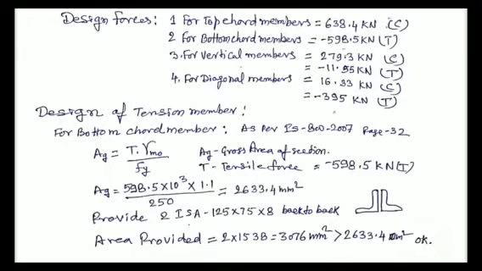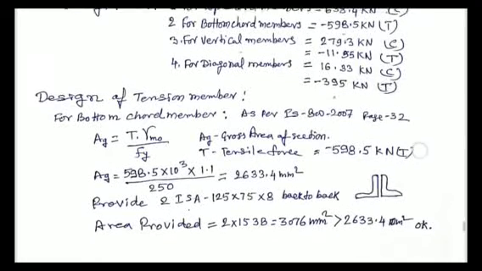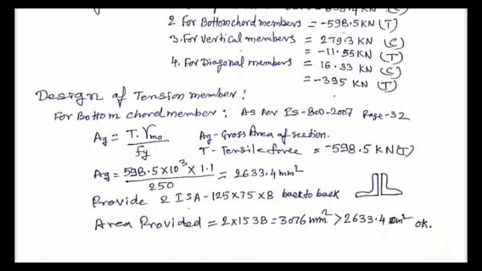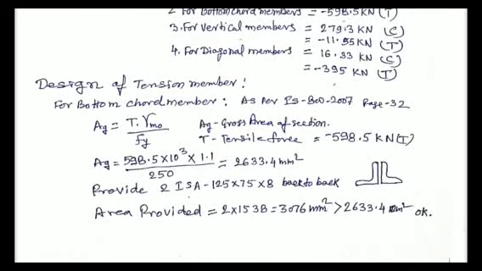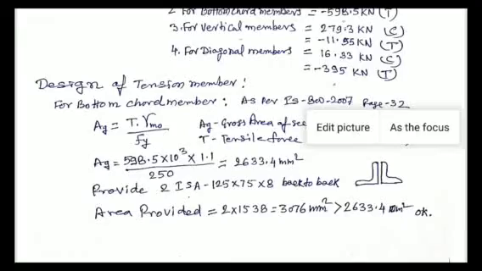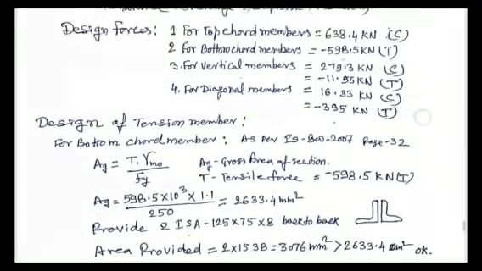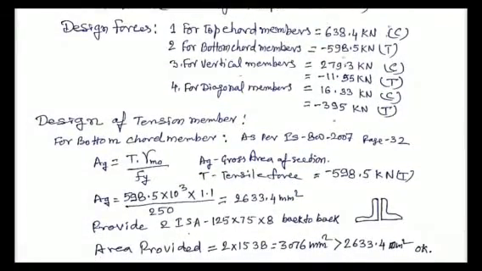And for vertical members, both types of stresses are there. So 279.3 kilonewton of compressive and minus 11.55 kilonewton of tensile. And for diagonal member, the force is 16.33 kilonewton of compressive nature and minus 395 kilonewton of tensile nature. So we have to design the members for the worst conditions.